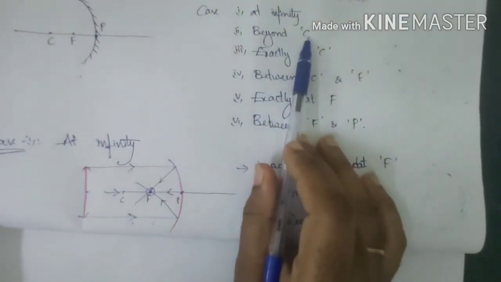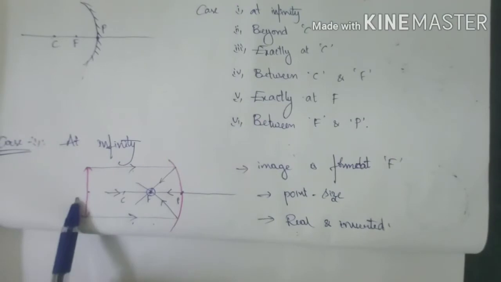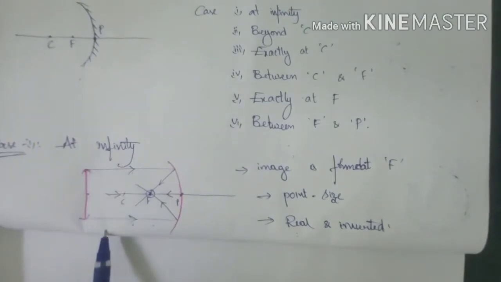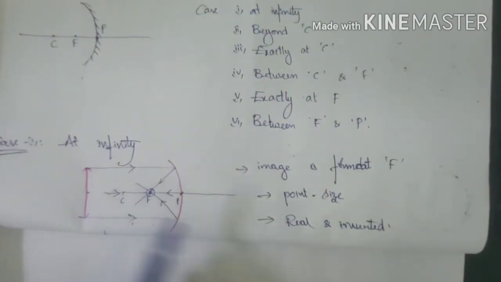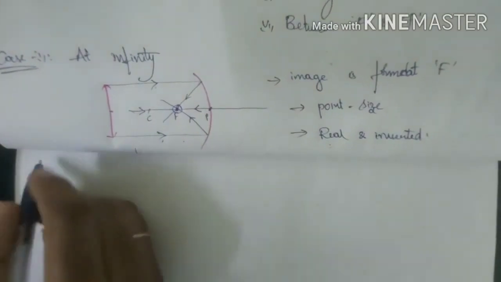What is our case 2? Beyond C. So here the object is not at infinity, but has come closer on the principal axis, beyond the point C. Now we'll see this.